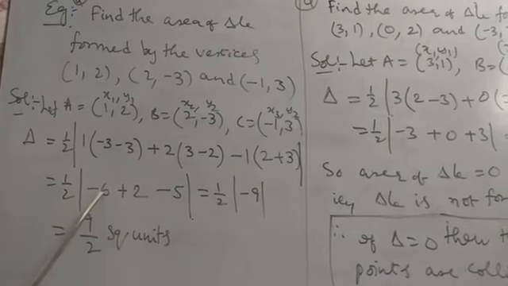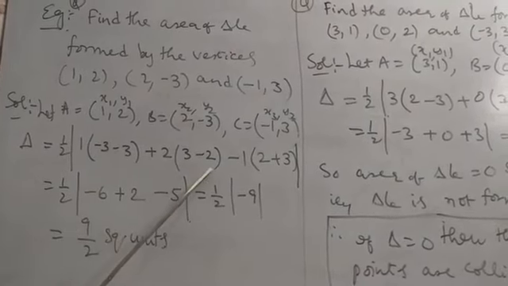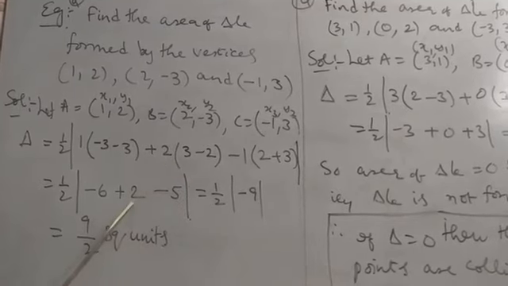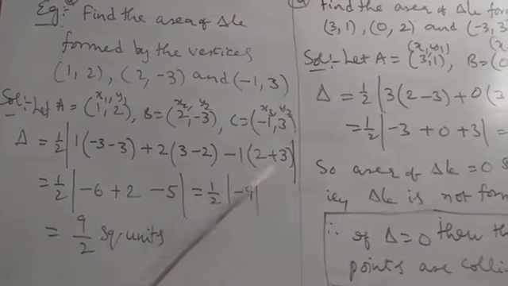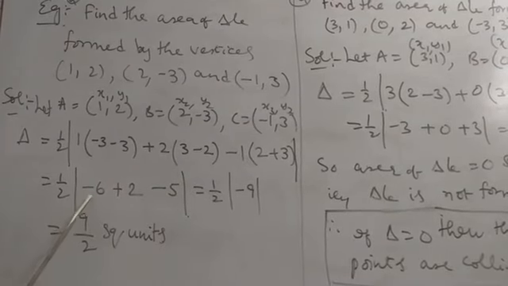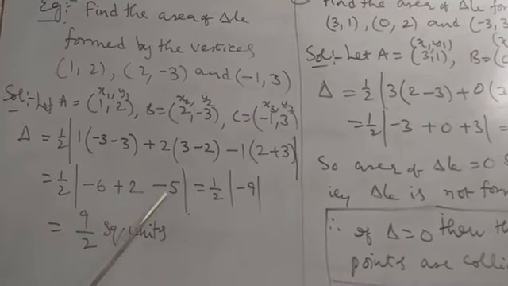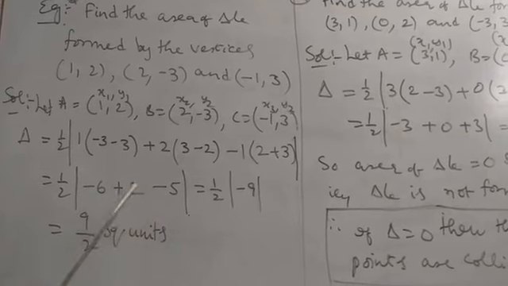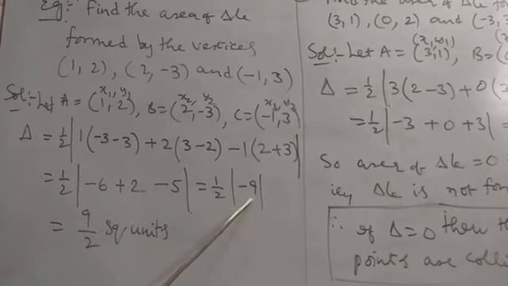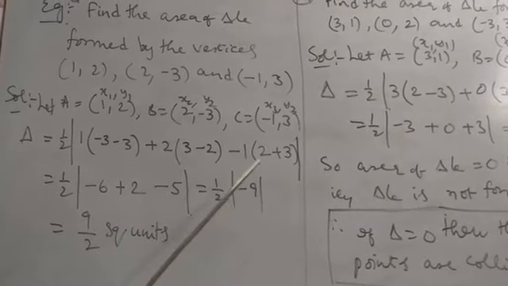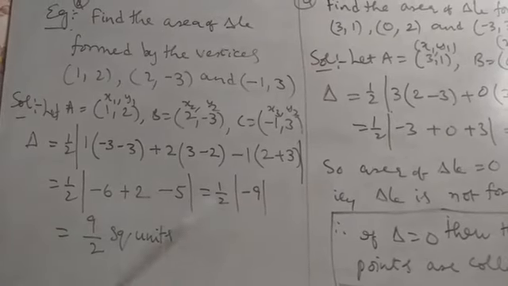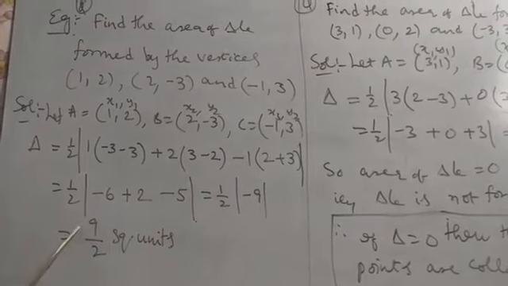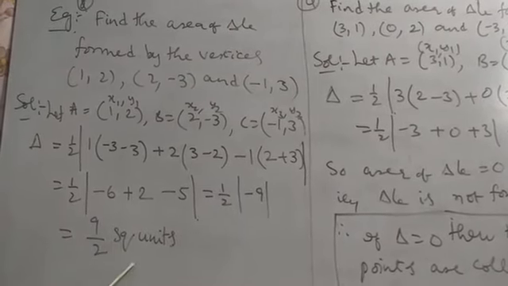Minus 6 into 1 is minus 6. 3 minus 2 is 1. 2 into 1 is plus 2. 2 plus 3 is 5. Minus 1 into 5 is nothing but minus 5. If you observe here, minus 6 plus minus 5 is minus 11, plus 2. So you are getting half of minus 9. Since area is positive and also we have kept the modulus, you have to consider only the positive value, 9 by 2 square units.